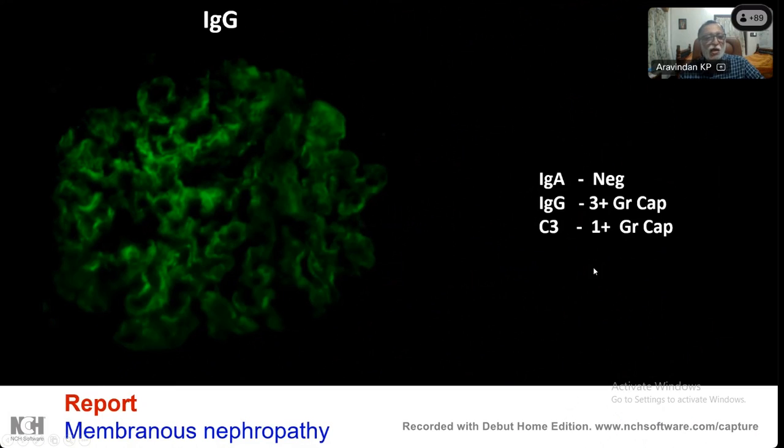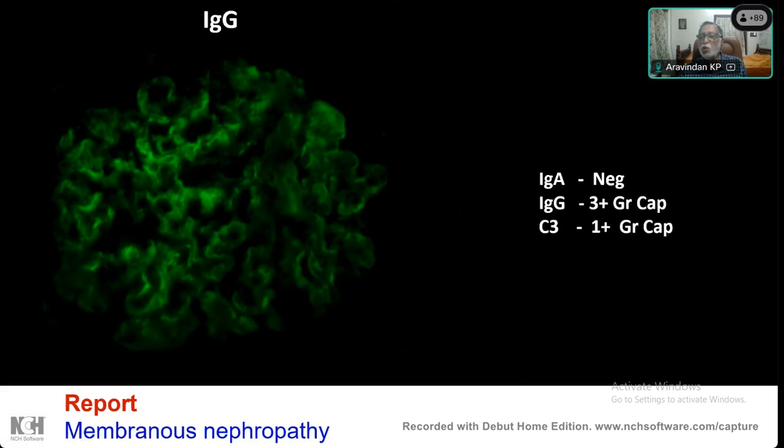This is another picture to show a silver stain with some spikes. And in this particular case, IgA was negative, IgG showed positivity, and C3 was minimal. It can be taken as just mild. It's not really positive. 1 plus may not be significant all that much.